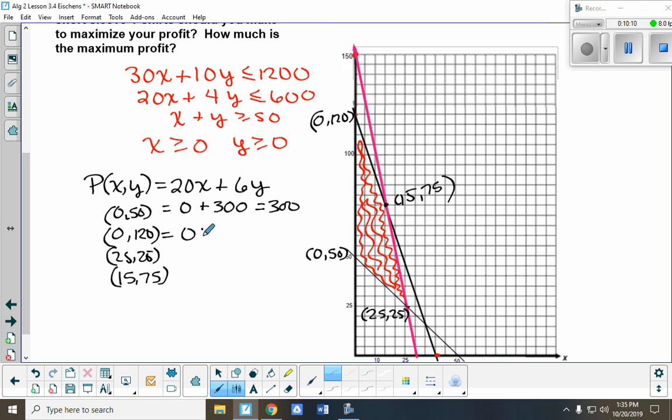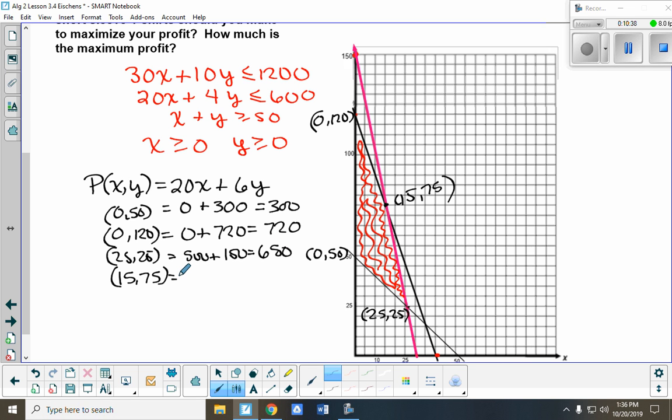And 0 plus 6 times 120 is 720. That gives us $720. And then 25 times 20 is 500, plus 6 times 25 is 150. So that would be 650.